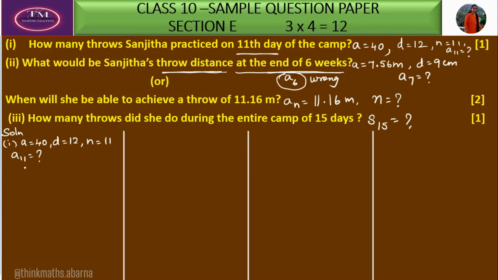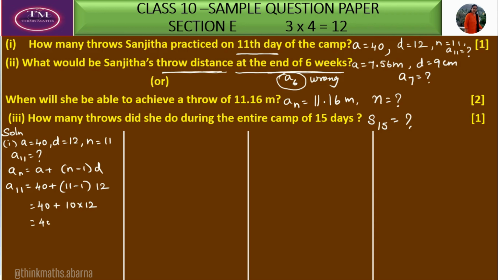So what is the formula for An? An equal to A plus n minus 1 into D. So we have to find out A11. So what is A? A is 40 plus n is equal to 11. So 11 minus 1 and D is 12. So it is 40 plus 11 minus 1 is 10, 10 into 12.